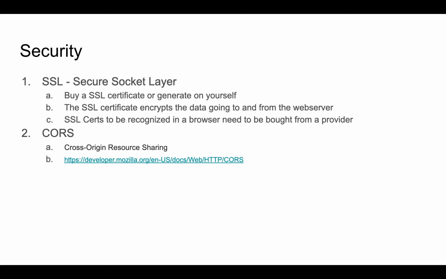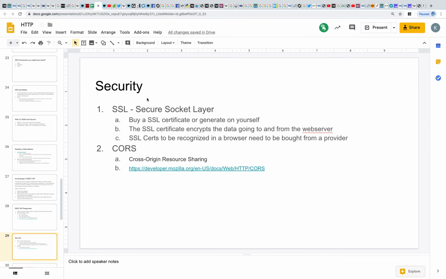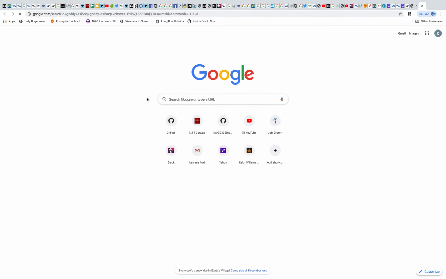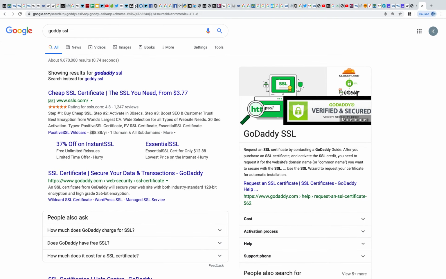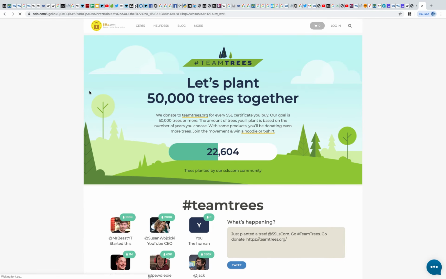And SSL certificates, when you buy them, let's say from something like GoDaddy, if we look at GoDaddy SSL, they'll sell them to you. But what are they actually selling you, since you can generate it on your own and it's just a digital piece of paper essentially?